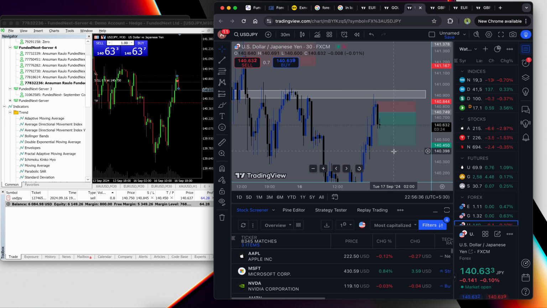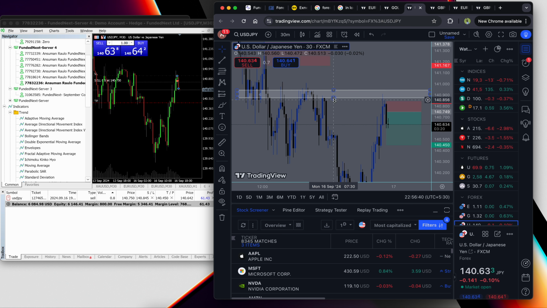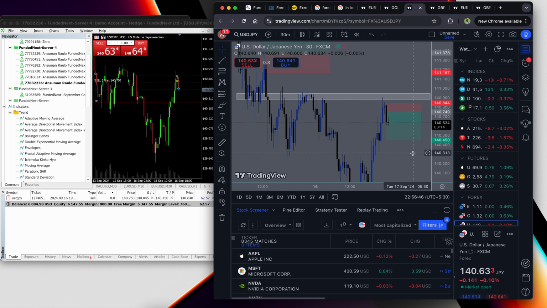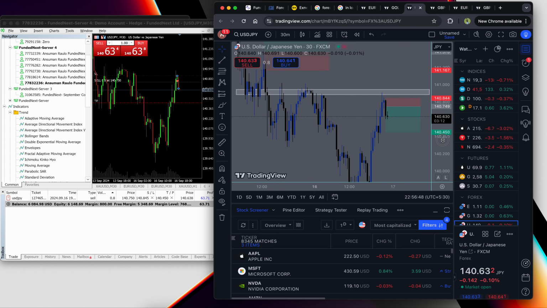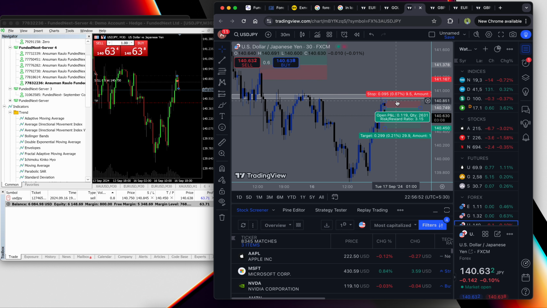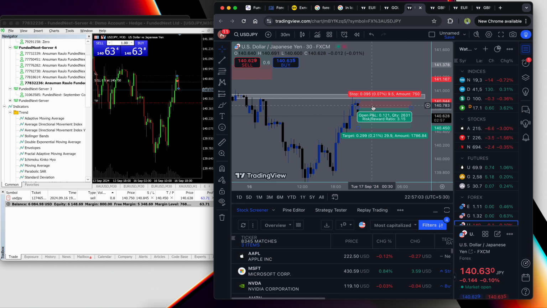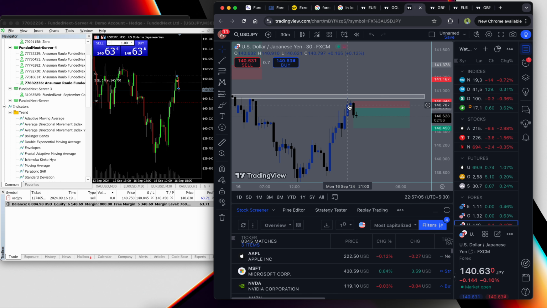So the reason behind this trade, guys, is that I have marked a key supply zone here, a key resistance. The price started with a bullish movement and entered this supply zone, but it rejected, came back and gave a closing down here.